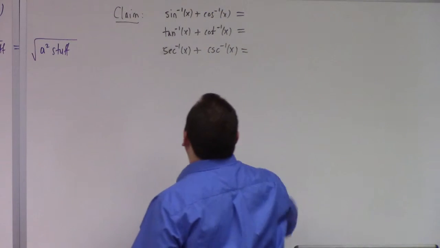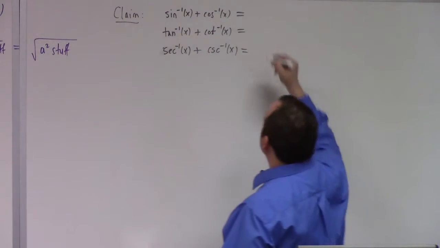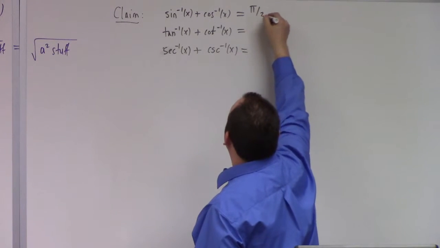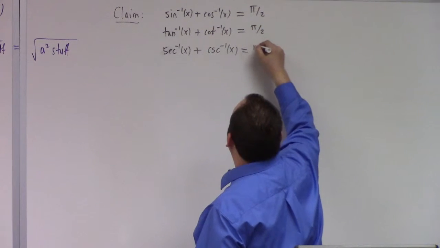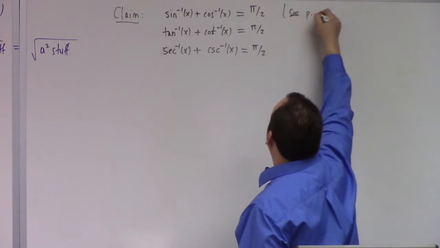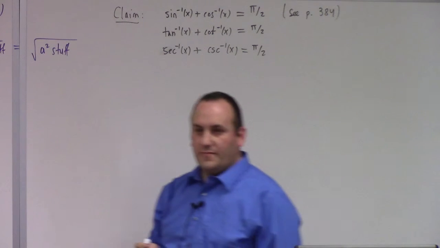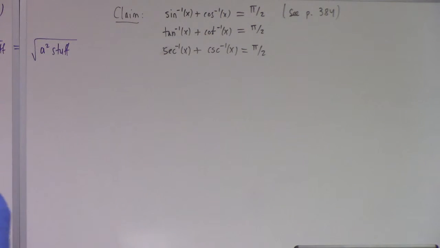All of these things add to the same thing, in particular, pi over 2. You can see page 384. The book shows you why that's true. I might come back to why that's true another day.